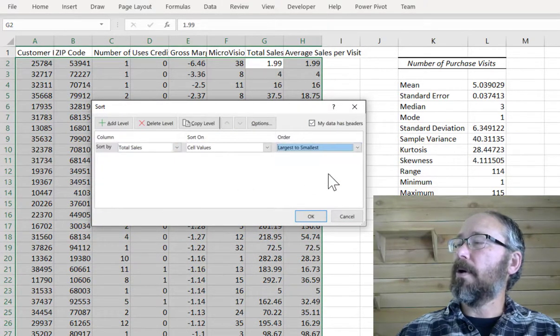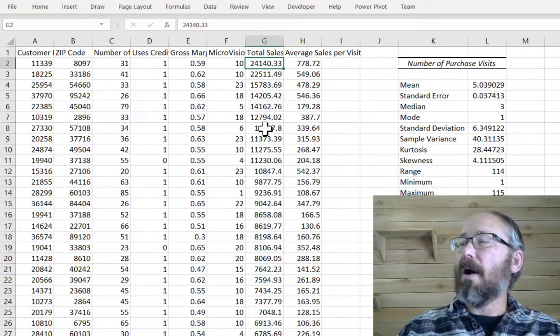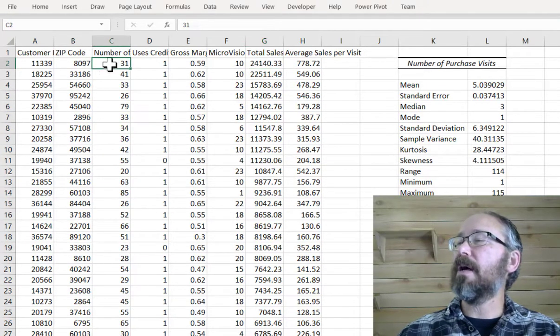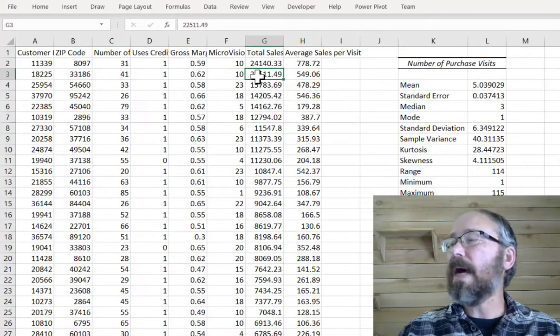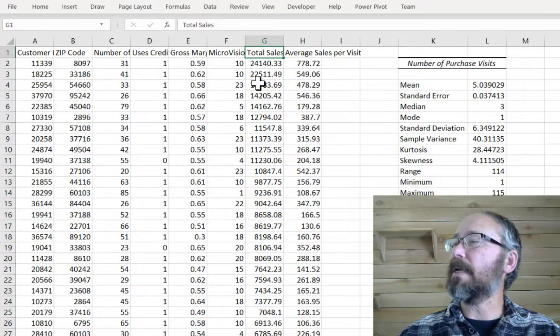We were talking about the total sales, so let's sort by that. And let's sort largest to smallest. So our big fish are just at $24,000 for the year for all of the purchases that they've made, with 31 visits, 41 visits, and 22,000. Let's do our descriptive statistics on those total sales.